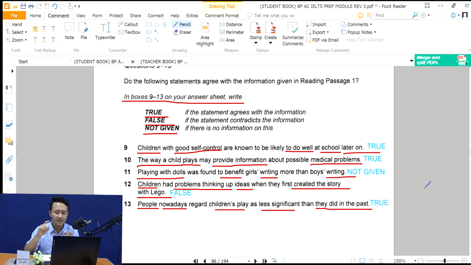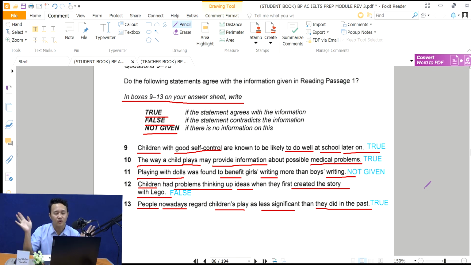Okay. The second thing to do, you need to understand the difference between false and not given. Not given means the information is not there, even though the keywords are there. False means that the keywords are there and also the information is there, but the information in the question is different from the information in the text.